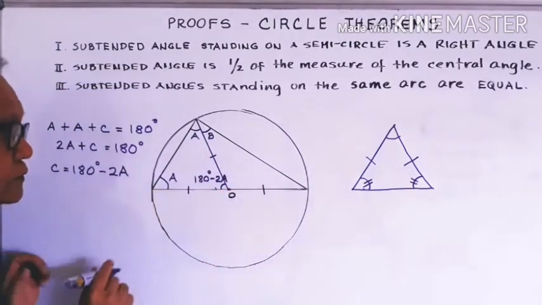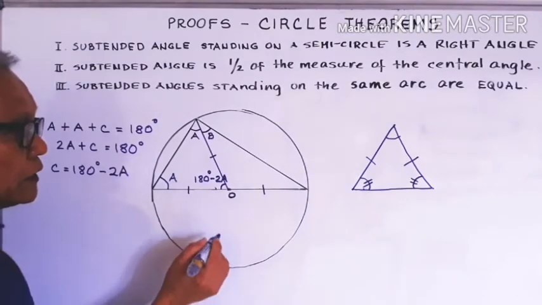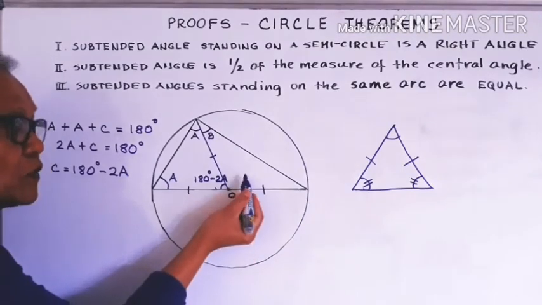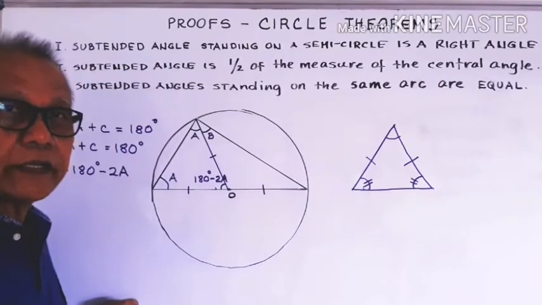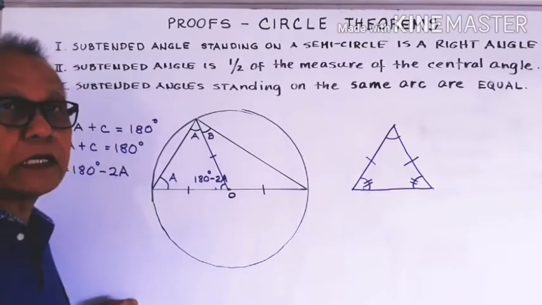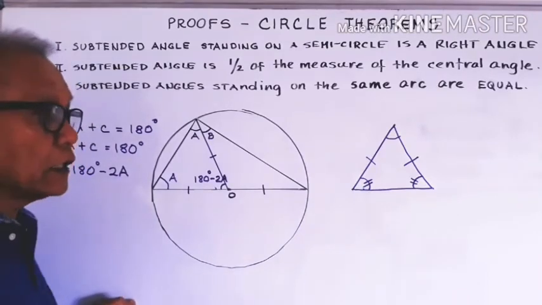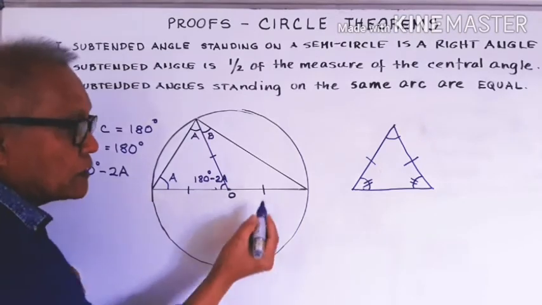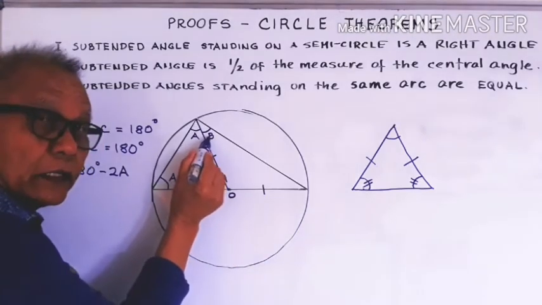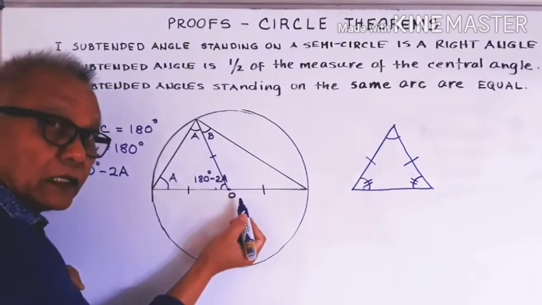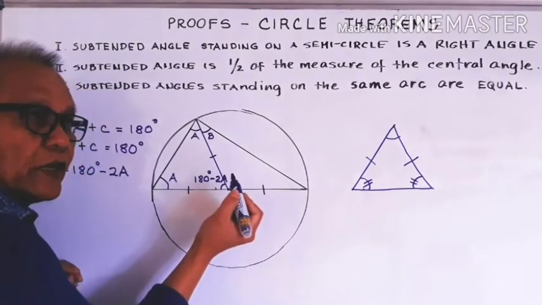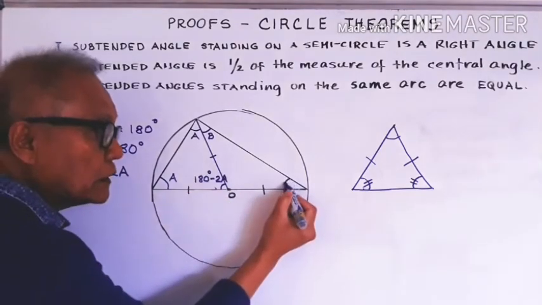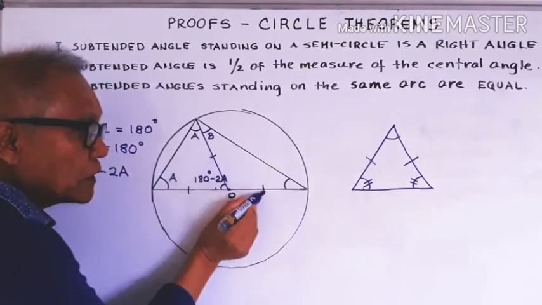Okay, the other side. On the other side here, this is also an isosceles triangle. So we have two equal angles there, the base angles. Now one of the base angles here is this angle B. The other angle, which is also the base angle, is this one, class, because this one is equal to this one.